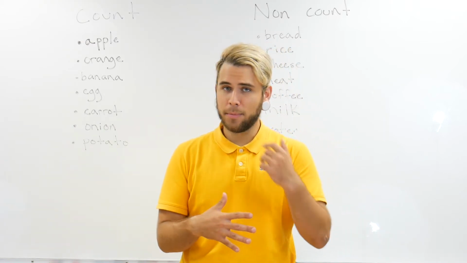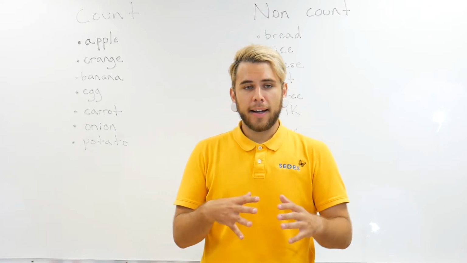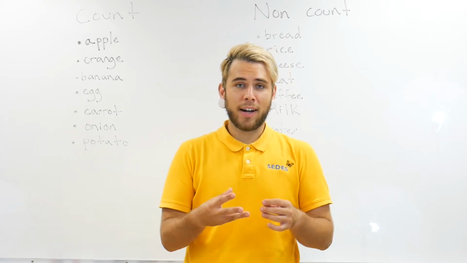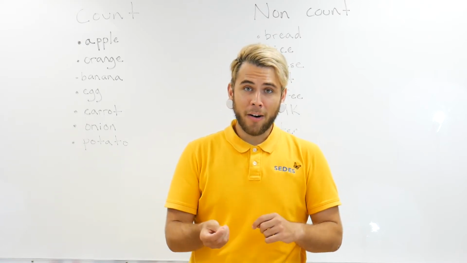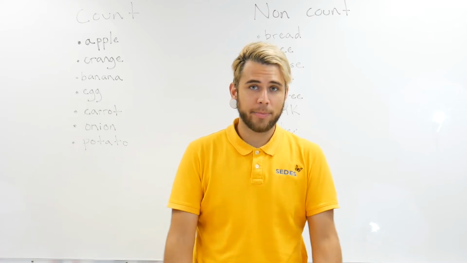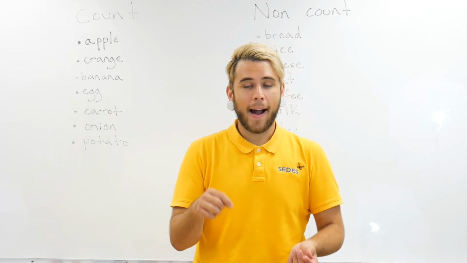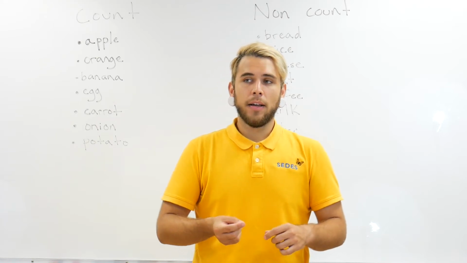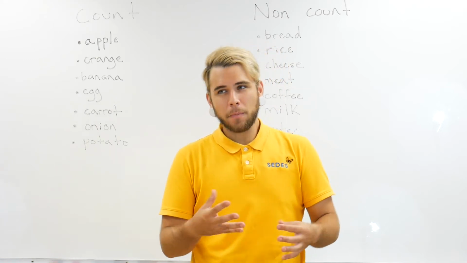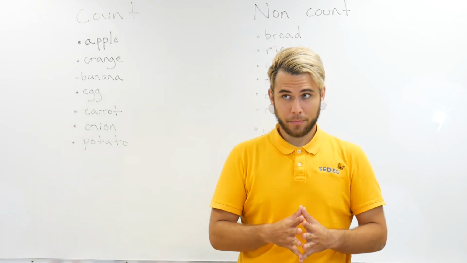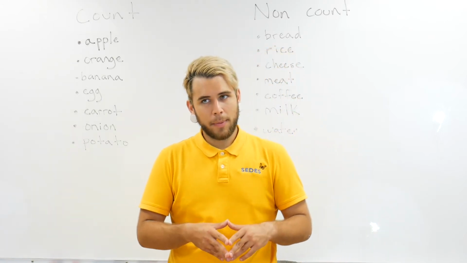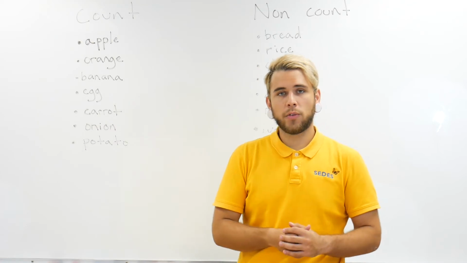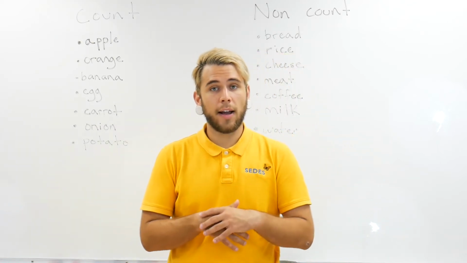And non-count items are items or things that you cannot describe with numbers because they're very, very hard to count, or almost impossible to count exactly how much or how many you have. So you use words like a little, not much, and a lot. So when we're talking about count items, we use the word many to ask.